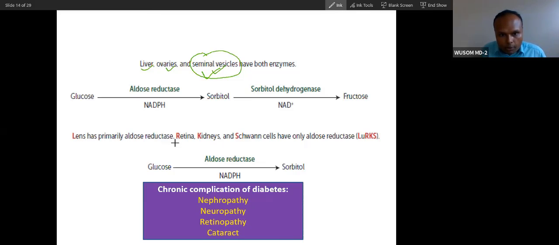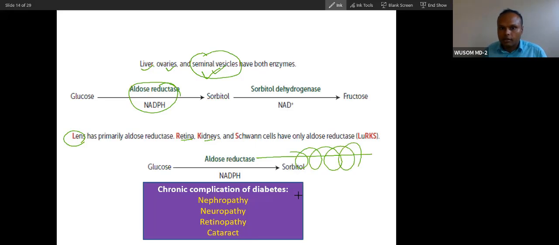These are some tissues: kidney, retina, and the eye lens. The eye has retina and lens, both with only this enzyme, and the kidney also has only this enzyme. Then Schwann cell. Schwann cell is the cell that forms the myelin sheath outside in the peripheral nervous system.